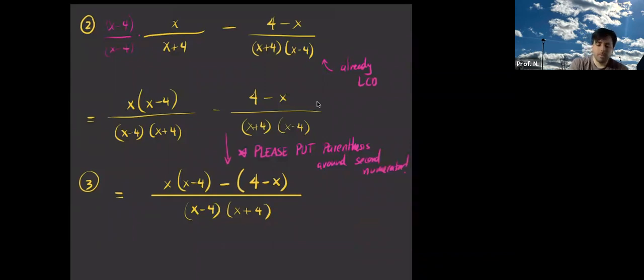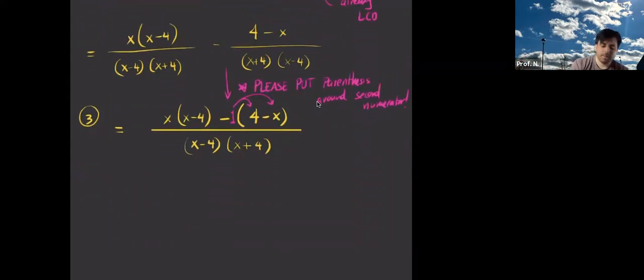Because if I don't, what people normally tend to do is write minus 4 and completely forget about this minus x. They don't realize that this minus is also subtracting minus x. So in a sense, we're distributing a negative 1 to each term in the second numerator. This goes all the way back to subtracting polynomials. We subtract polynomials by negating the signs of the second polynomial. But a lot of people tend to miss that step every time.